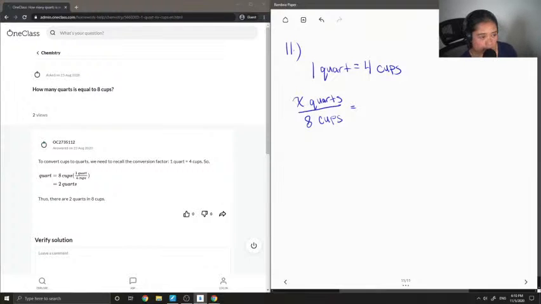And then on the right side of the equal sign, I'm going to put 1 quart over 4 cups, which is our conversion factor. So you'll notice that the quarts should be on the numerator and our cups should be on the denominator. Then if you do the math and solve for X, let's multiply both sides by 8 cups.